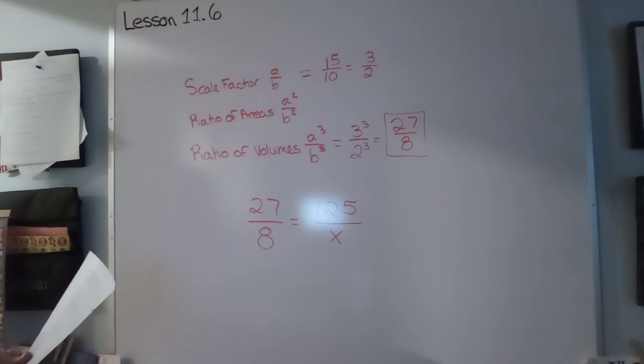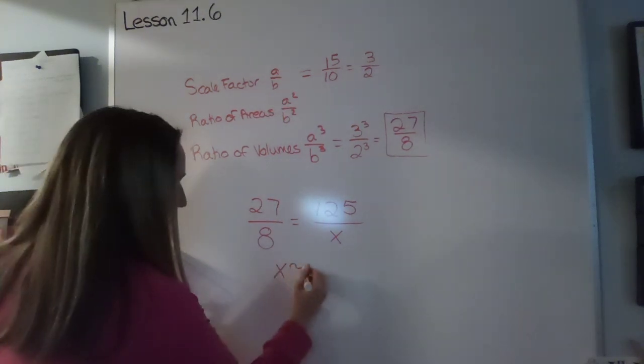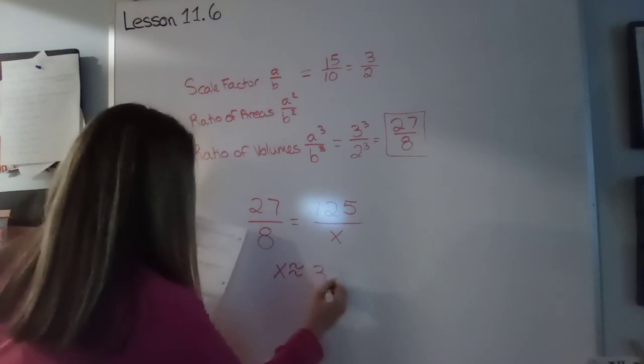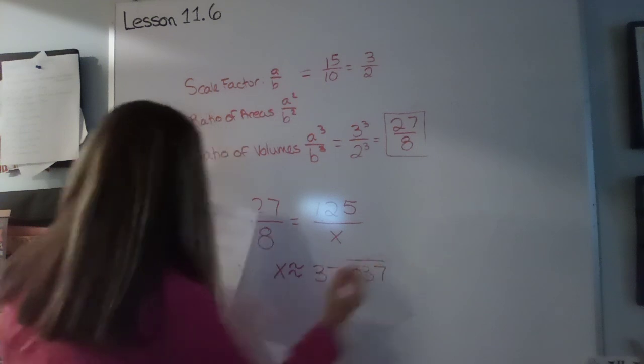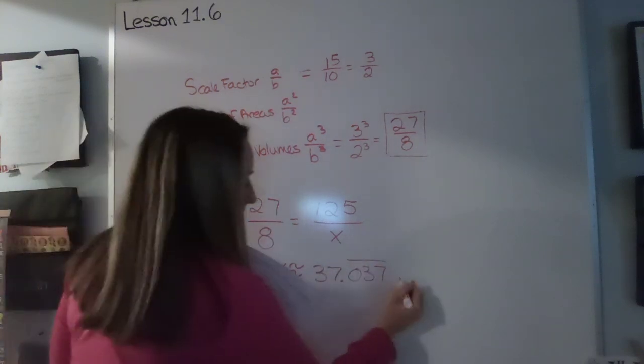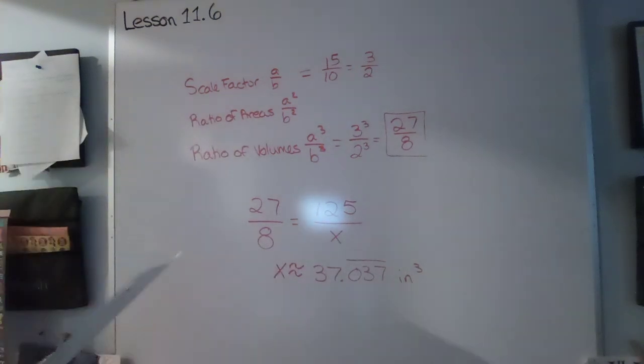So when you cross multiply and divide, you're going to get x is approximately 37.037 repeating inches cubed. I could leave it like a fraction as well, but for this one, it would probably make more sense to put it in decimal form so we can compare to the 125 that was given.